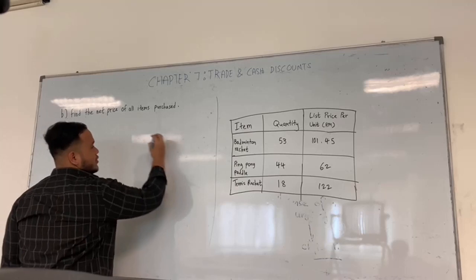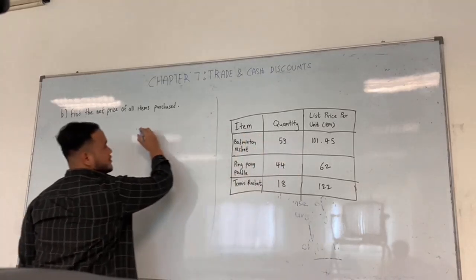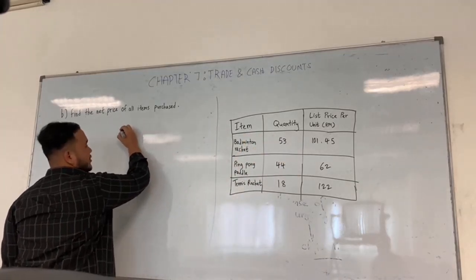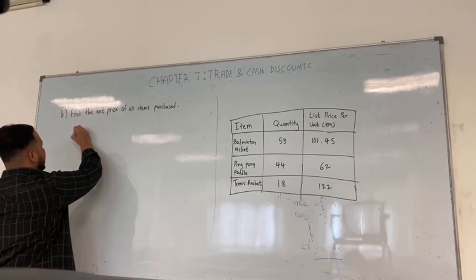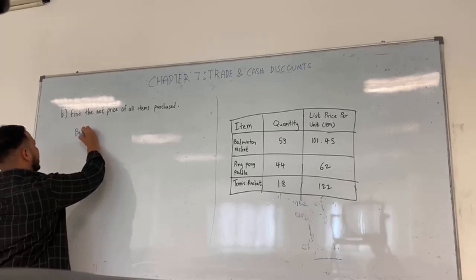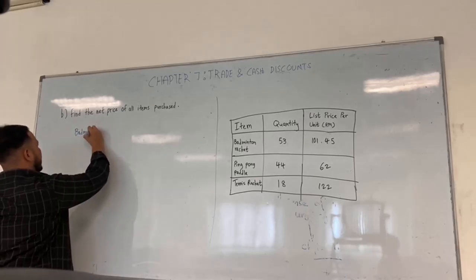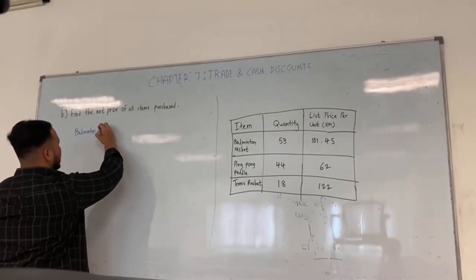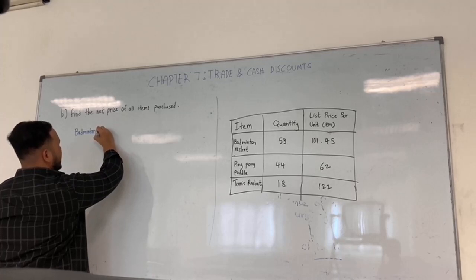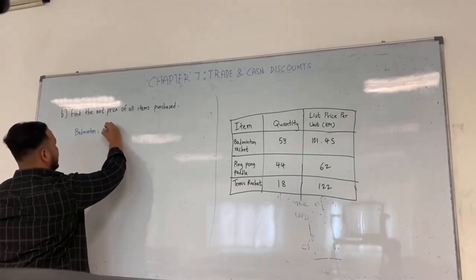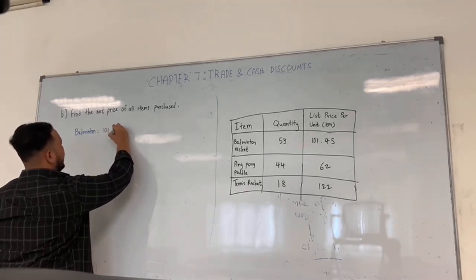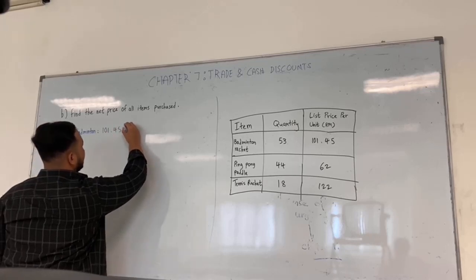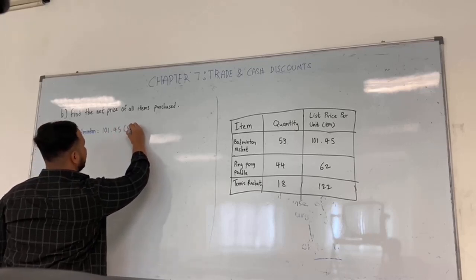We need to take this price, list the items. Badminton, $101.55 times 53.